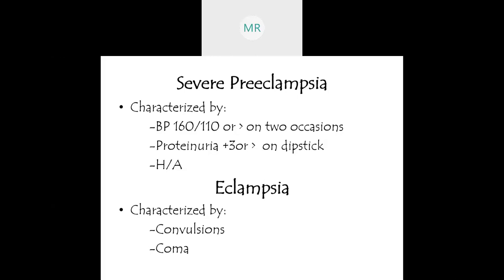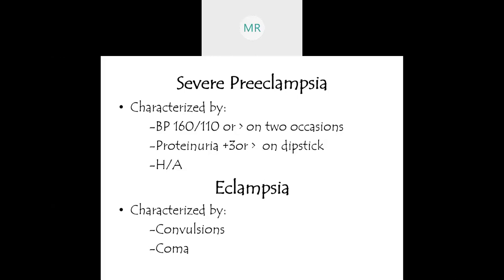We can't have this blood pressure happening. This mom needs to be delivered, but we have to stabilize her. We stabilize her by giving mag sulfate as an anticonvulsant, and either IV hydralazine or IV labetalol, a beta blocker.